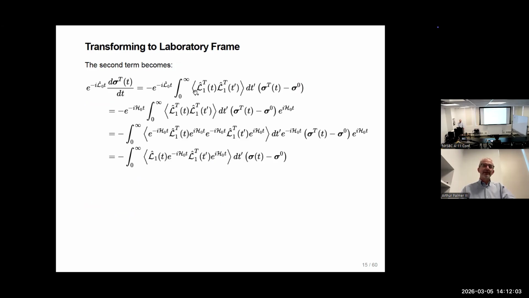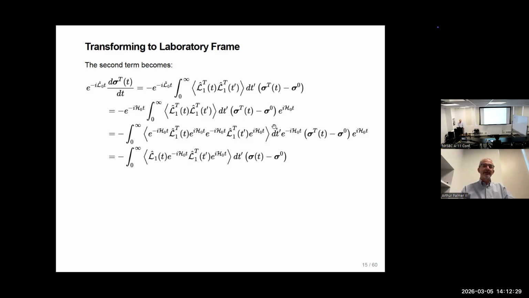And then the problem is, what does this mean? Well, remember, e to the I L naught t is one of these sandwiches. So I've written it out. Here's e to the minus I H naught t. And way over on the other side is e to the plus I H naught t.